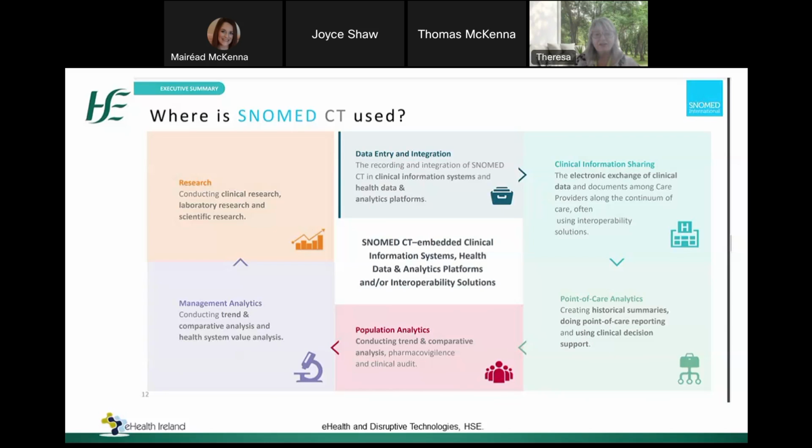So by standardizing our data before it gets into our system, we're getting all this really useful application of the data. And then managing the analytics, so being able to do the trend and comparative analysis, and then ultimately on into research. So that's the circle of being able to use data. And so it's in all of these areas.